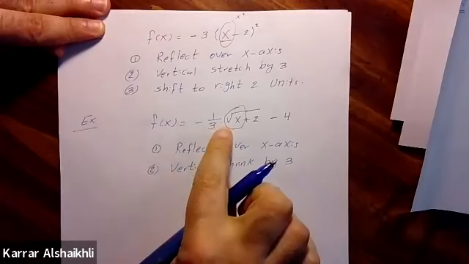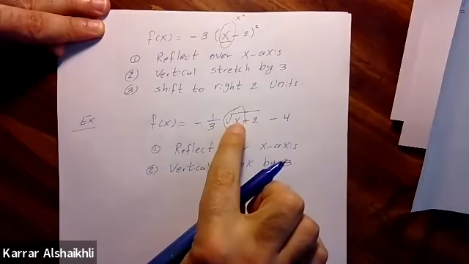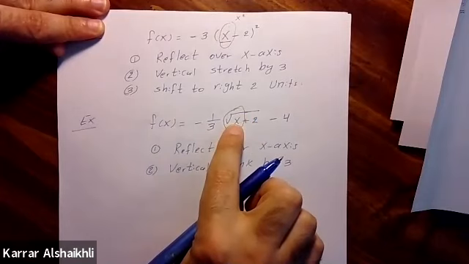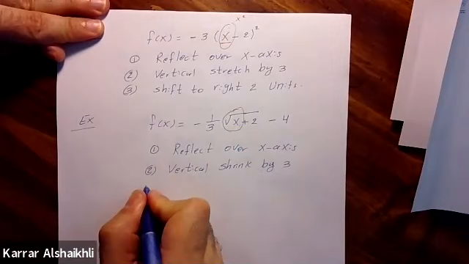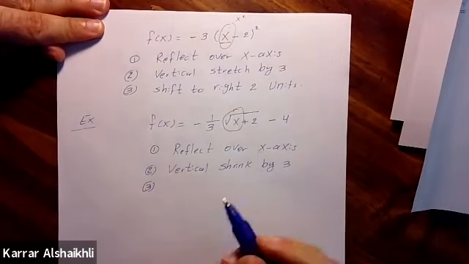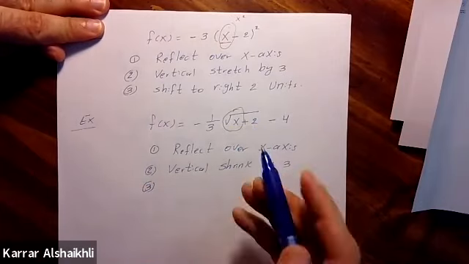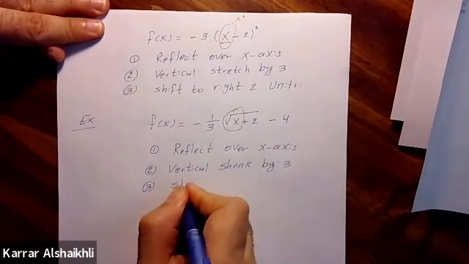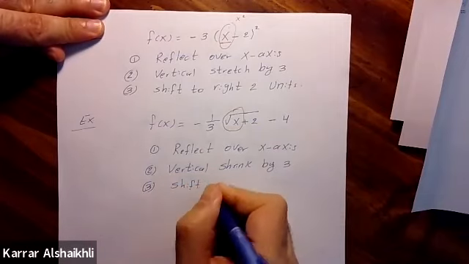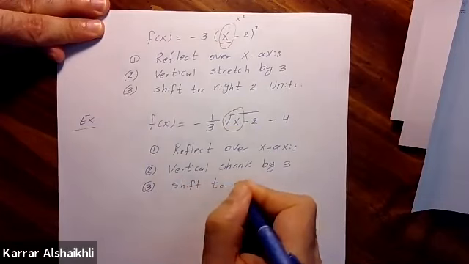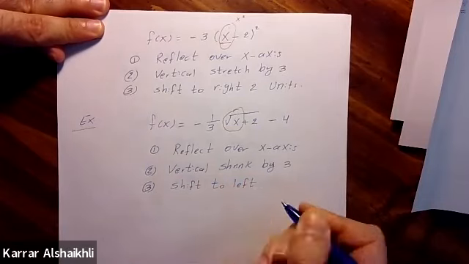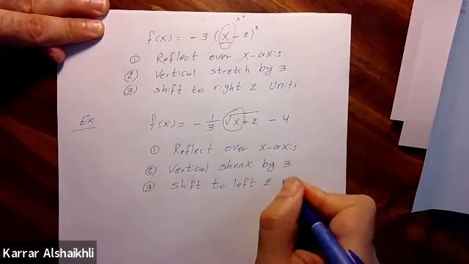Now let's move on to the next technique. I have a number, but this number is inside the parent function with the x. So the third technique is going to be shift to the left, how many units? 2 units.